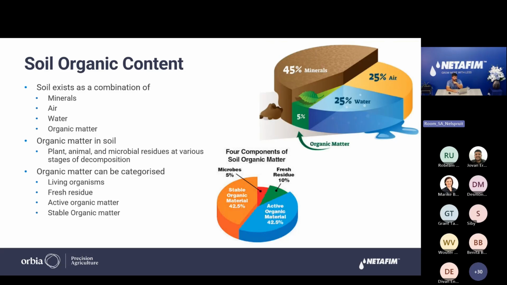So that's a breakdown of organic matter that you can typically find in the soil, and this is considered a healthy soil. If your soil is not healthy, you tend to have less or unbalanced ratios of organic matter.